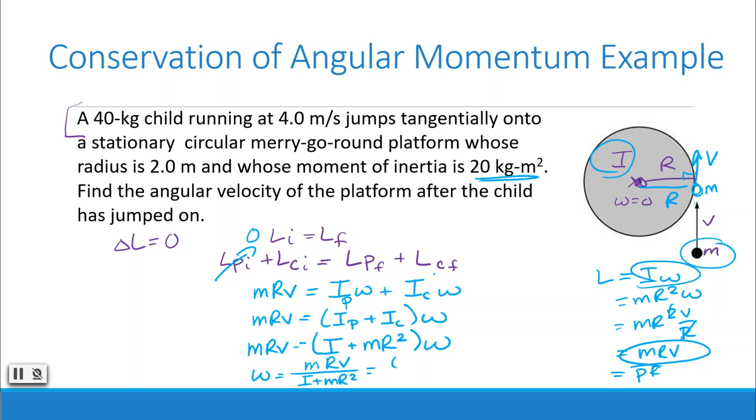And we can plug in m of the kid. That does not cancel, by the way. That's 40 kilograms. The kid lands 2 meters from the center. He was initially going at a speed of 4.0 meters per second. The I for the platform is 20 kilogram meter squared. Oh, that's a plus sign.